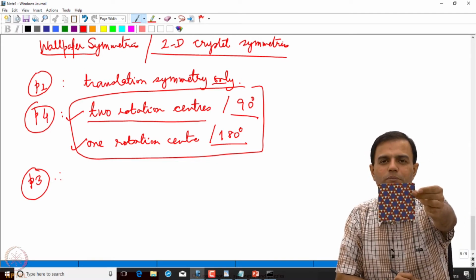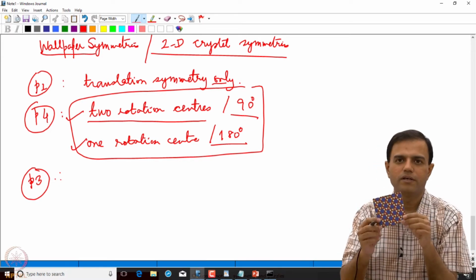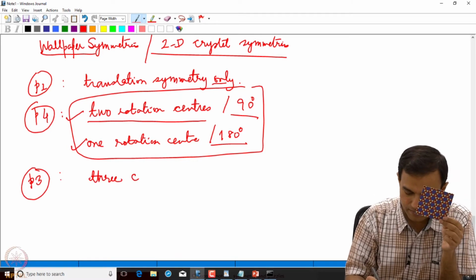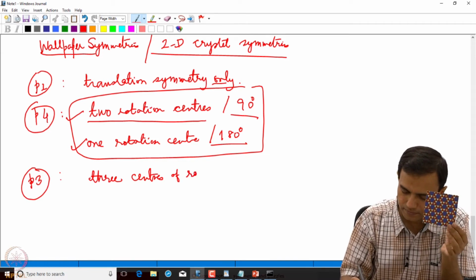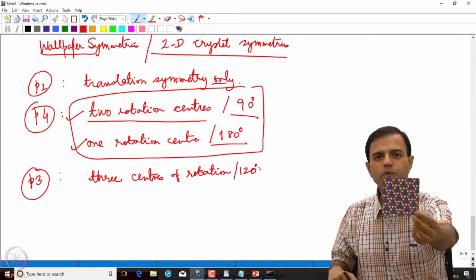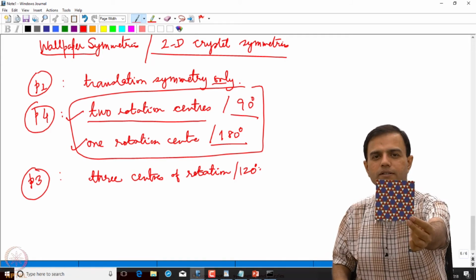what is going to keep the whole wallpaper pattern symmetric? There are actually three centers of rotation, and they are by 120°. Which ones are those? Can you identify?